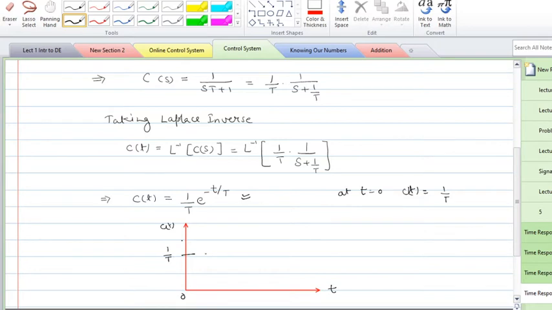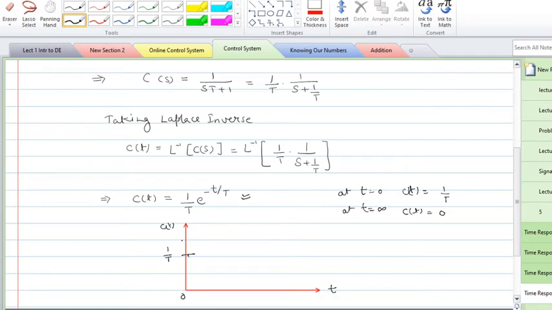Then as soon as the t will be increasing, the C of T will decrease, and at t equals to infinity, C of T goes down to 0.